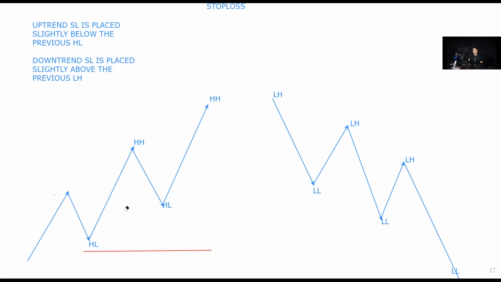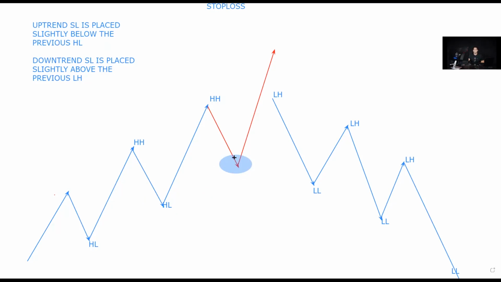Okay, so we'll do one more example. If we were to enter now at this high or low, our stop loss, according to our rules, is placed slightly below the previous high or low.